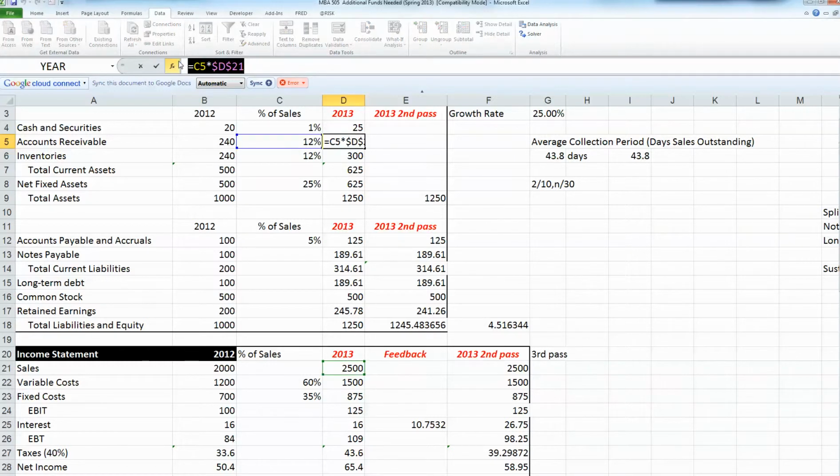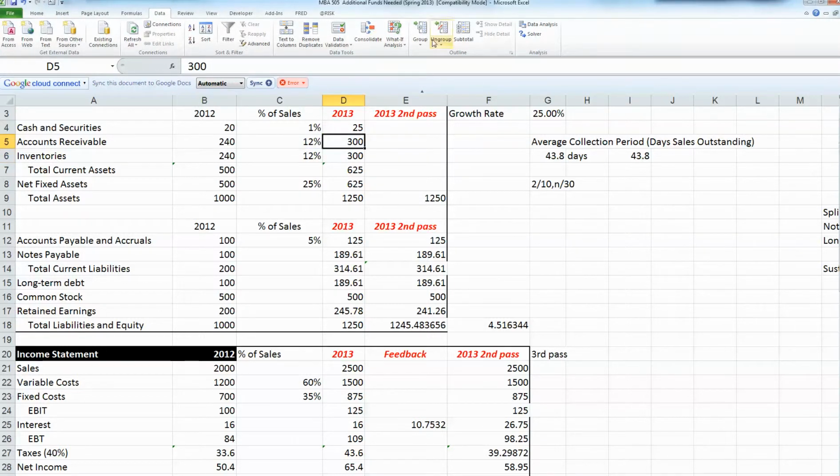When I look at my cell D5, the one that I was telling Excel to change, it contains a formula and not a value. Excel will not run Goal Seek on a cell that contains a formula. So I'm just going to type 300 in here.